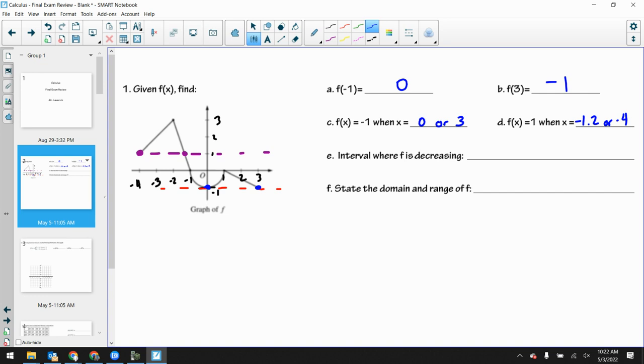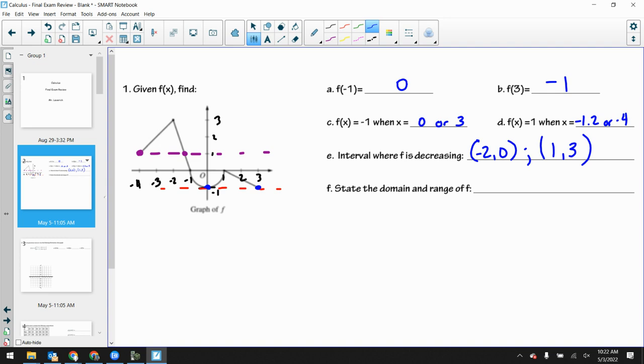From -2 to 0. I was debating on whether to do a parenthesis or bracket there, but again, at -2, it is not decreasing. It is at its apex point. So from -2 to 0 would be decreasing, and then there's one more spot from 1 to 3 as well.